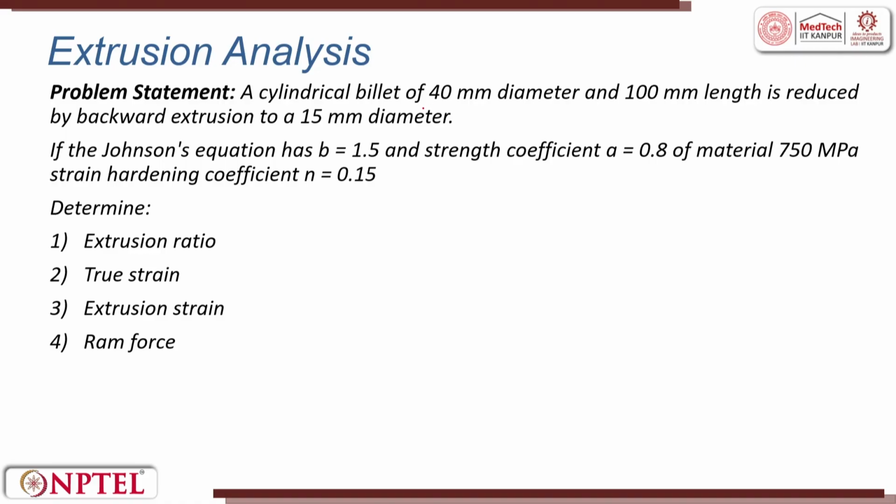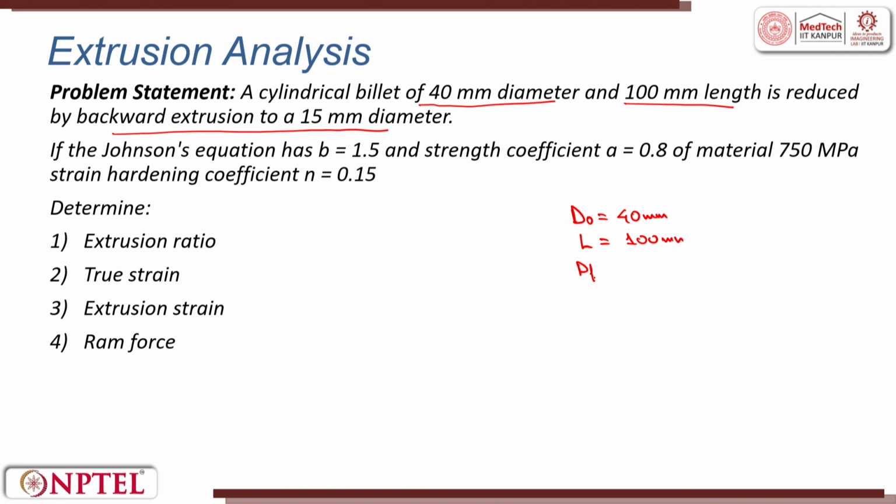Let me now come to a problem statement where a cylindrical billet of 40 millimeter diameter and 100 millimeter length is given, which means my D naught is 40 millimeters and my length is 100 millimeter. This is reduced by backward extrusion to a 15 millimeter diameter.